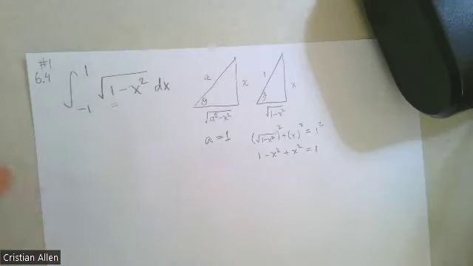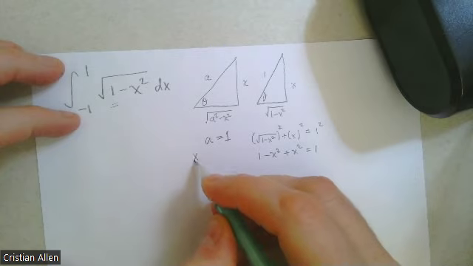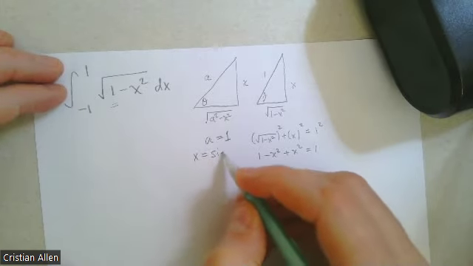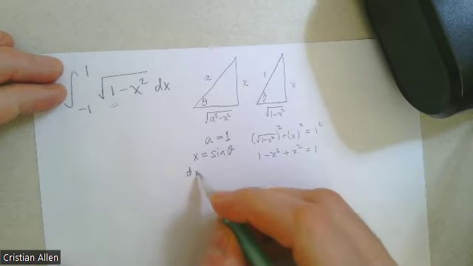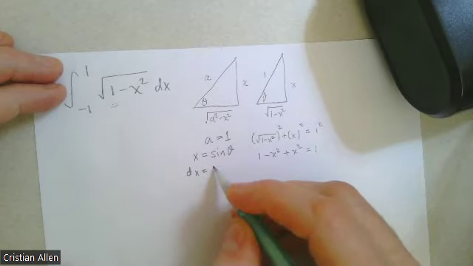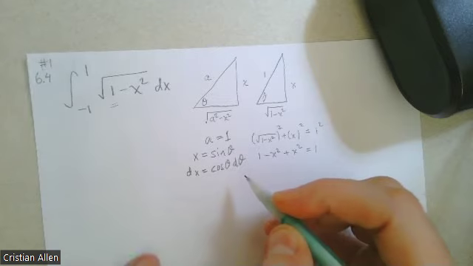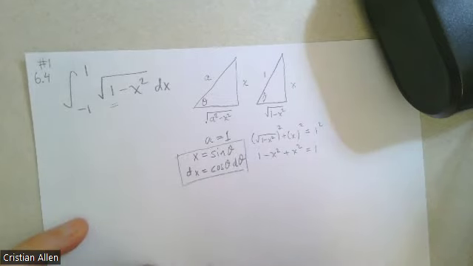Likewise, we're going to go ahead and set our x equal to 1 sine theta, so that our dx is 1 cosine theta d theta. Just something we always do in this particular type here.